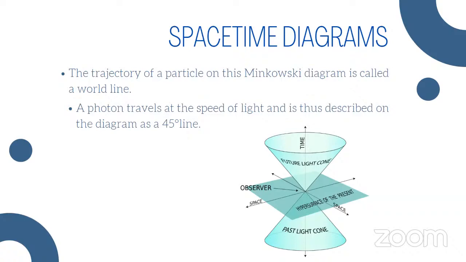These cones represent the past and future events that can impact the observer. Past events can affect the observer, and the observer can affect any event that is in the future light cone of his or her present situation.